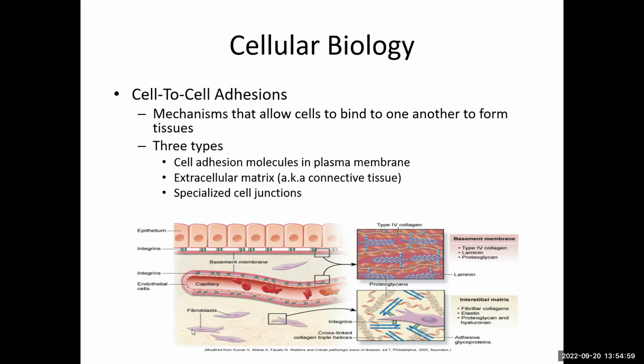The three types: we have cell adhesion molecules, we have the extracellular matrix, and we also have some that we call specialized cell junctions. Your book has a number of really good pictures, and I would take some time to go and look at these individually so that you are familiar with the different types of cell adhesion molecules.